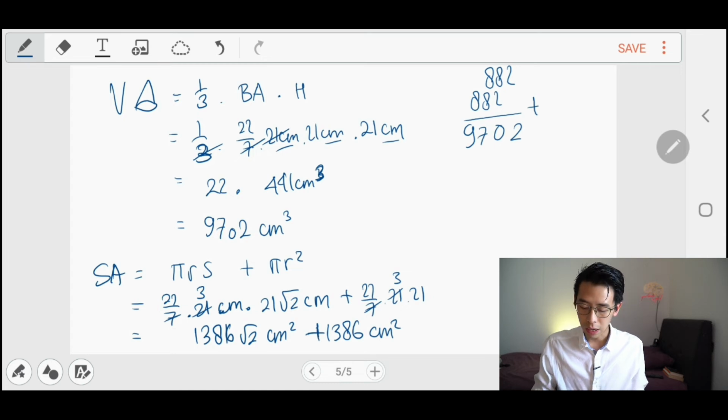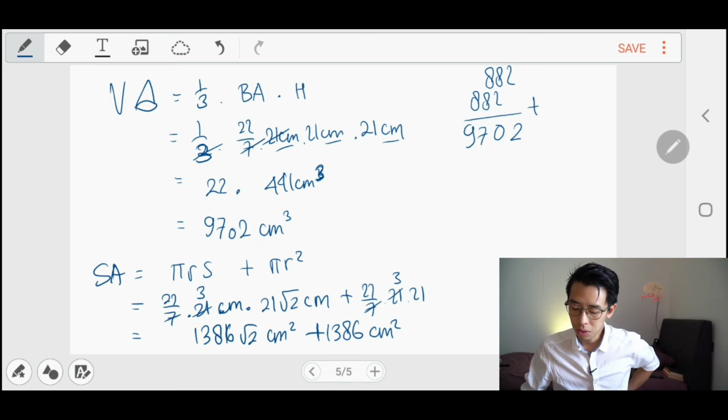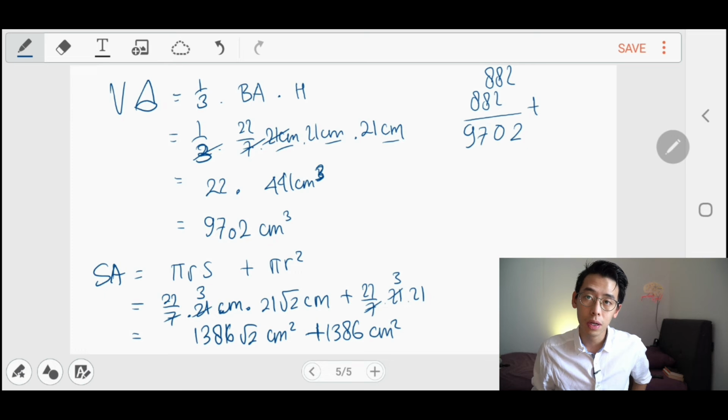So that's it. As you can see, there's a root over there. If it's an essay, you don't have to do anything with it, at least in my test. So let's move on. This is how you actually use the formula of a cone.